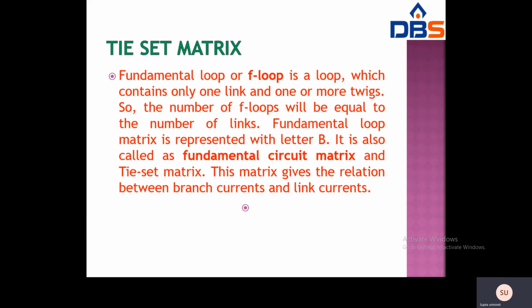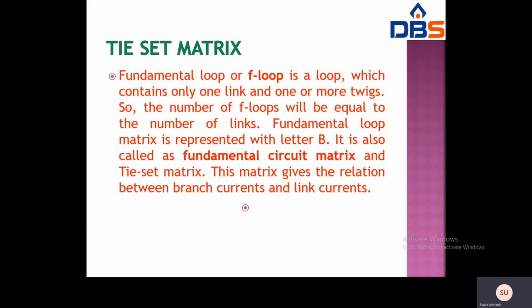So the number of F loops is equal to the number of links. For each loop there is only one link, and any number of twigs. If the network has 3 links, there are 3 loops.